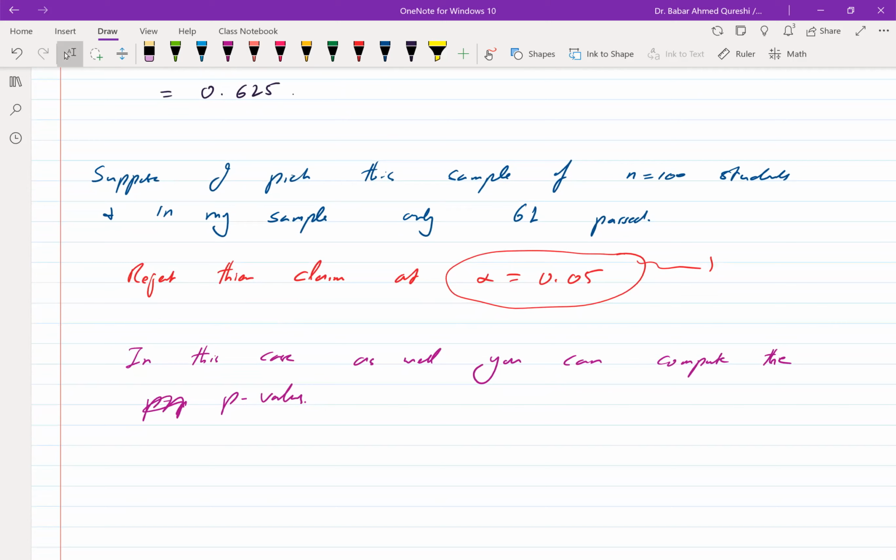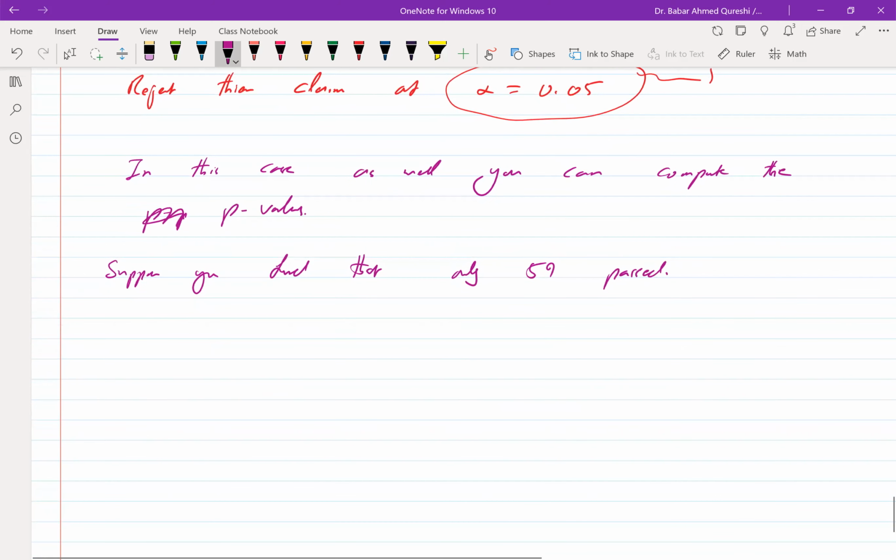So suppose you found that only 59 passed out of 100 in your sample. So you will put this sample proportion equal to the critical value.